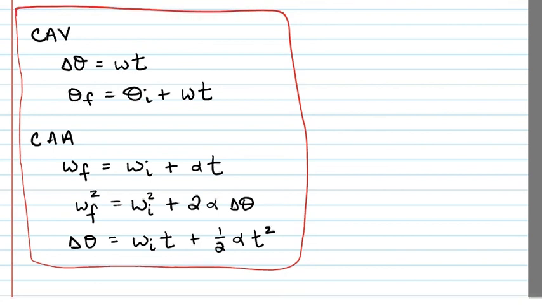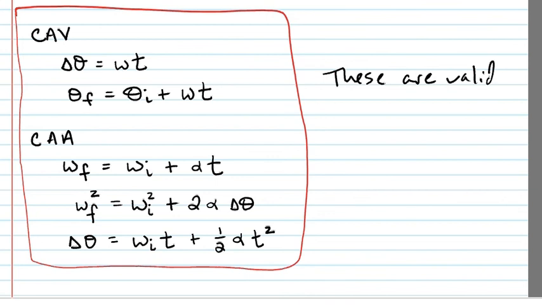And should also make the comment, since we've already introduced radians, you may think that these equations require radians, but they do not. These are valid for any angular units.